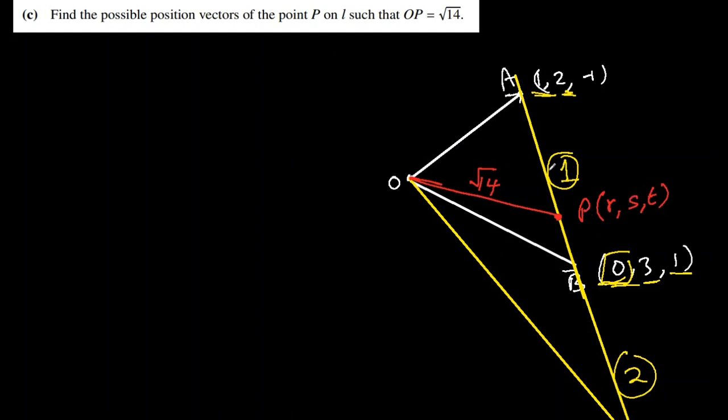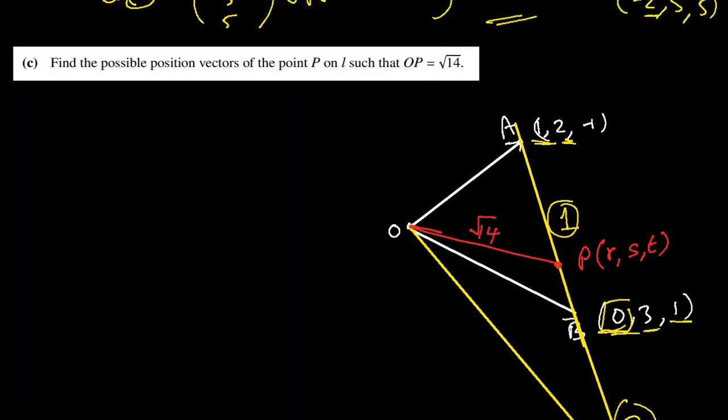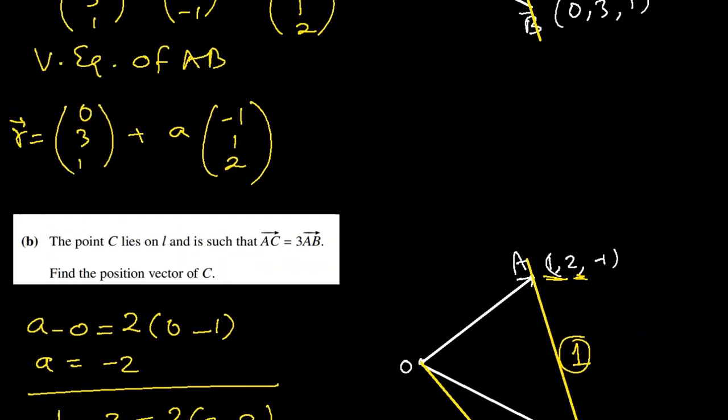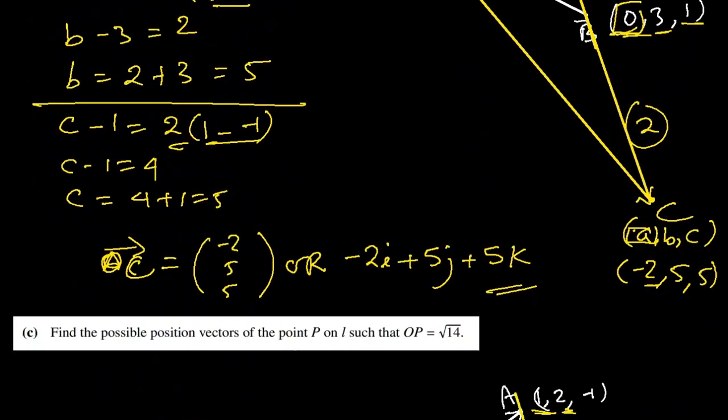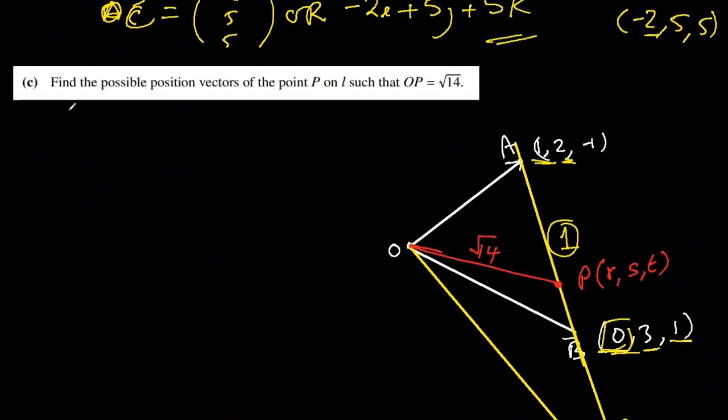Now, since this P is lying on the line AB, it will satisfy the equation of AB. Let's go back. What was the equation of AB? That was the vector equation (0, 3, 1) plus a times (minus 1, 1, 2).